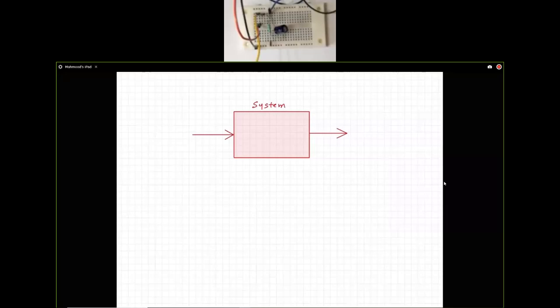However, let us say that it was required that we supply an input voltage that ranges between -1 to +1 volt. So the limit is that this system can only accept voltages that are between -1 to +1 volt. So if that is the case, let us assume that our actual voltage is like this.